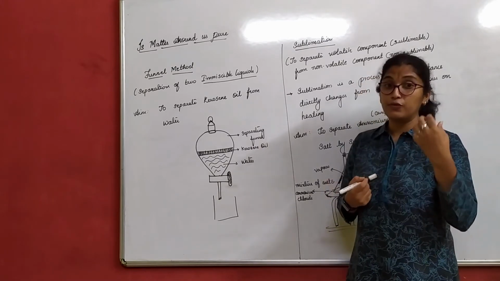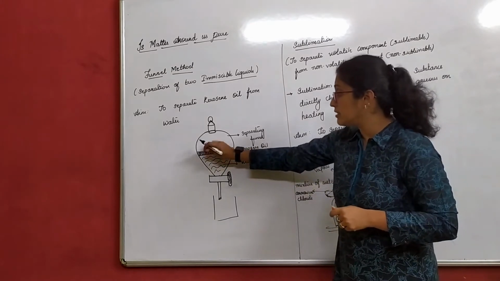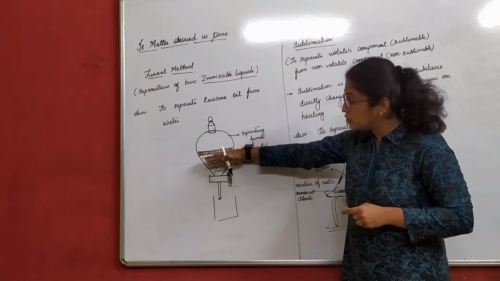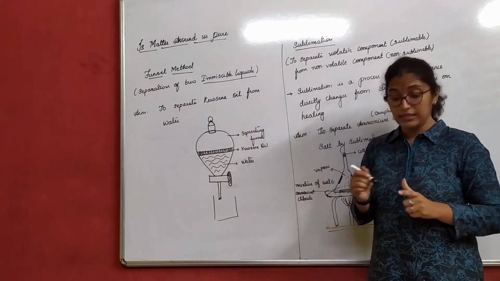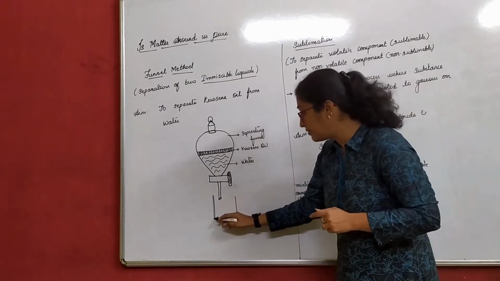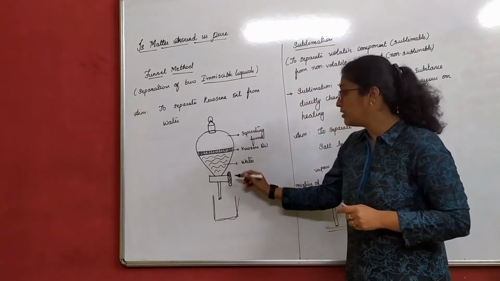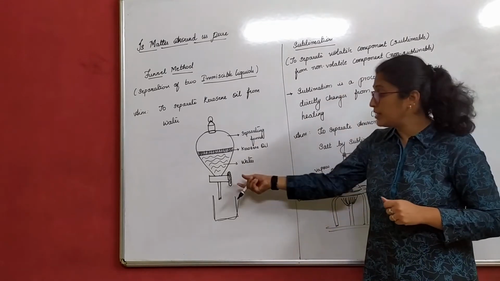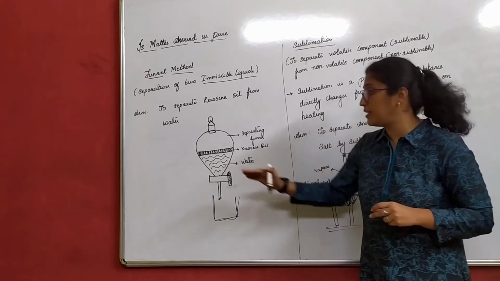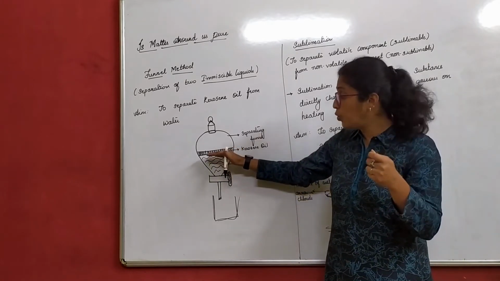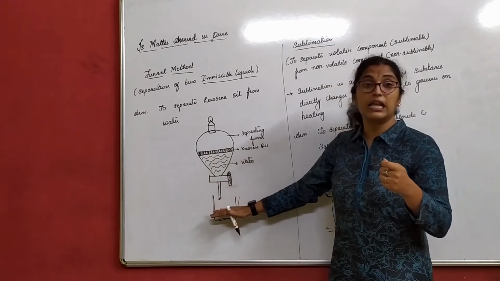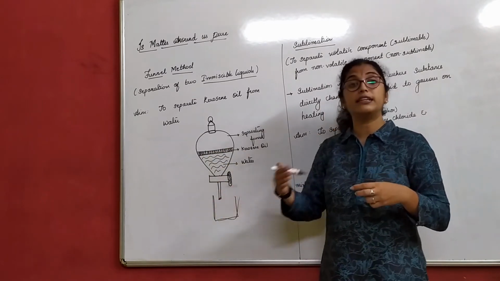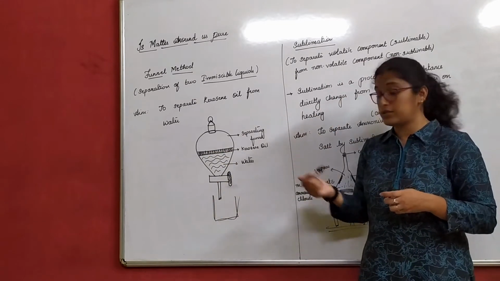After some time, we see that kerosene is floating on top and only water is below, right? Slowly we take a beaker and slowly loosen the knob of the funnel. Once you loosen the knob, very slowly only the water gets collected into the beaker. Once the water is collected, only kerosene is left.